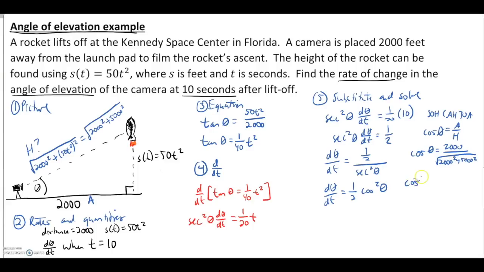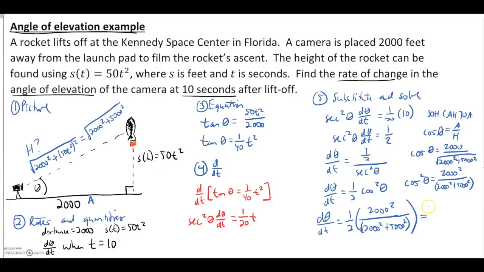And so cosine squared of theta will equal 2,000 squared over this 2,000 squared plus 5,000 squared, because that's going to cancel out my square root. And so all I need to do is do 1/2 times that cosine squared value.